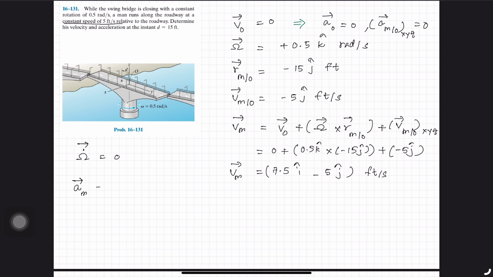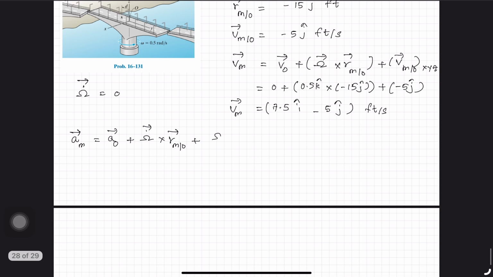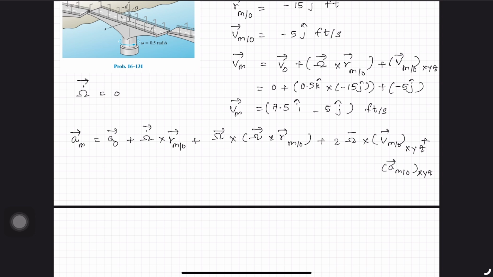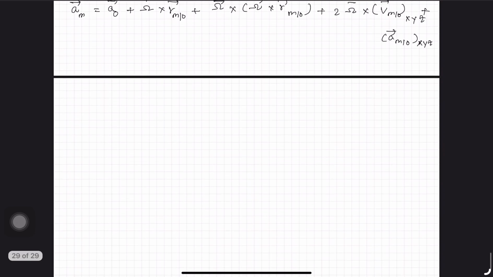It's a_O plus alpha cross r plus omega cross omega cross r plus 2 omega cross v_rel plus a_rel. So we can go to the values here.